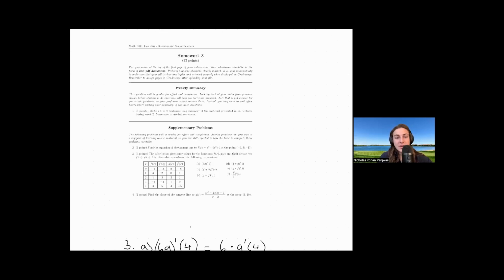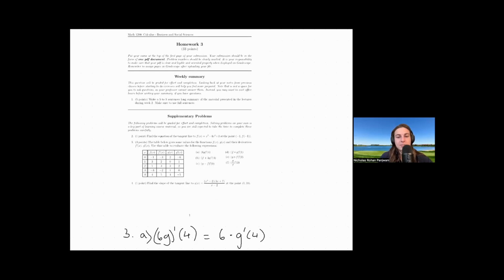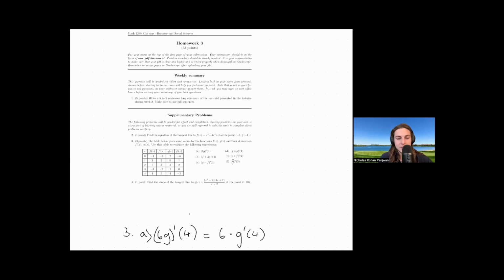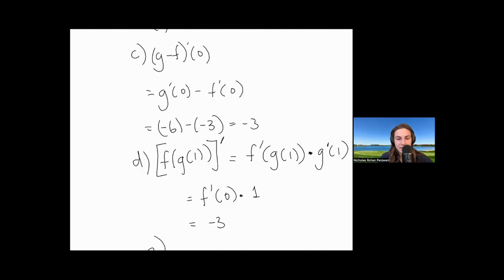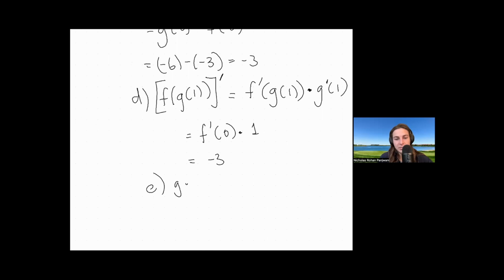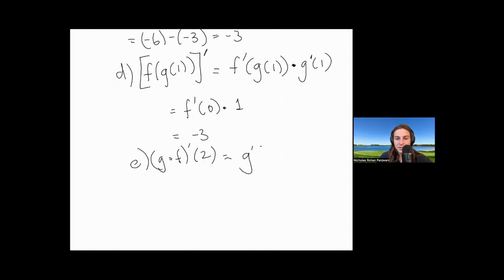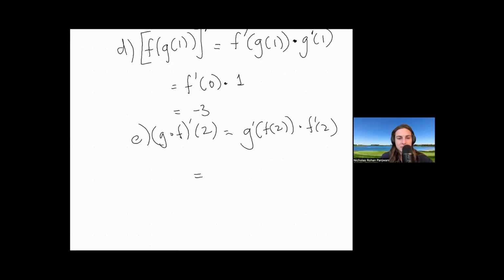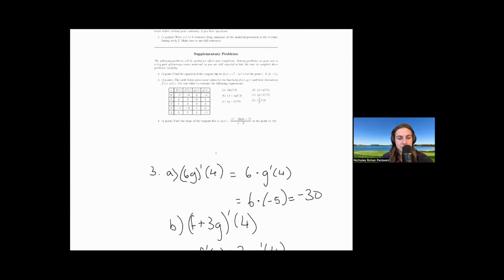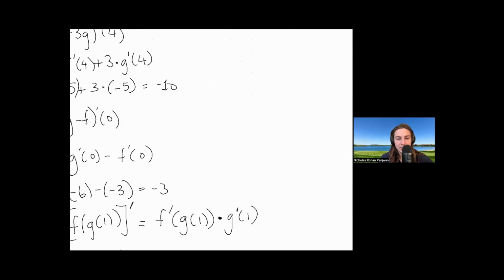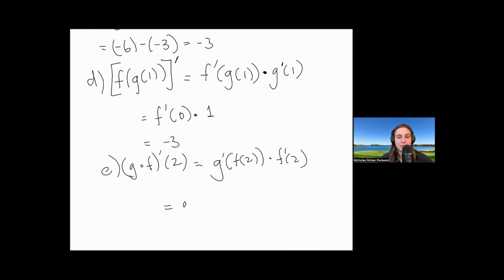Now it's g of f, in parentheses, prime of 2. So g of f prime of 2 is equivalent to g prime of f of 2 times f prime of 2. So f of 2 is going to be 1. So g prime of 1 times f prime of 2.